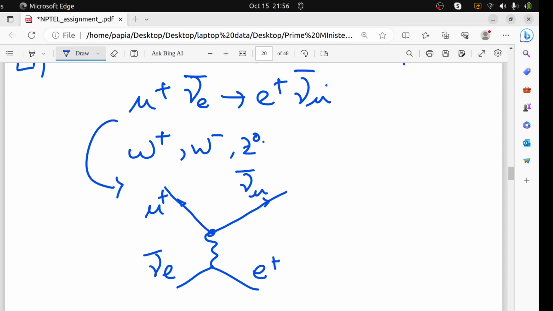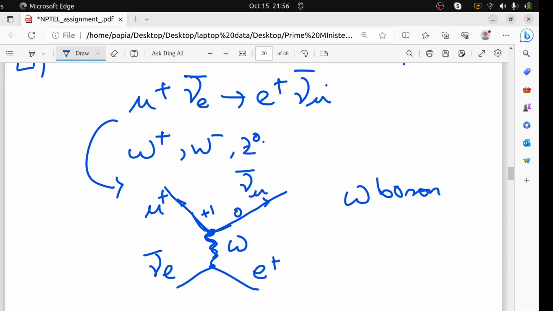So you can see in that vertex plus 1 is coming, 0 is going. So if plus 1 is coming and 0 is going, then for charge to be conserved, the mediator must be a charged particle. Among W plus, W minus, Z0, which one is the charged one? W plus, W minus. That means the W boson is charged, so W boson will be the mediator here.